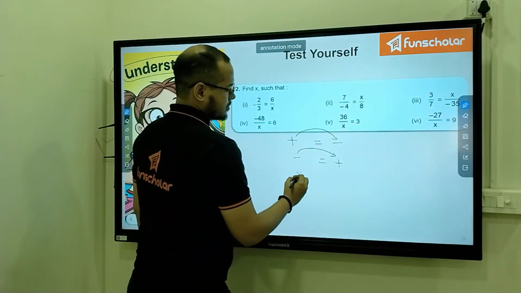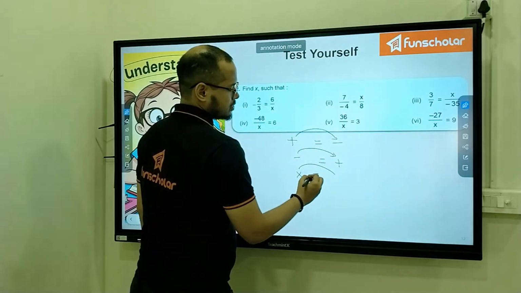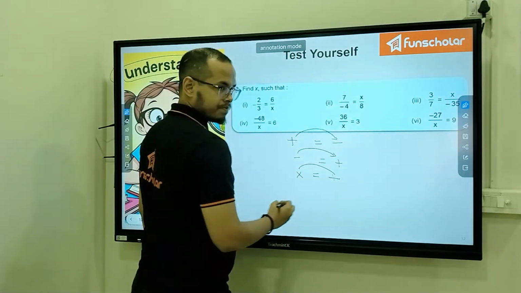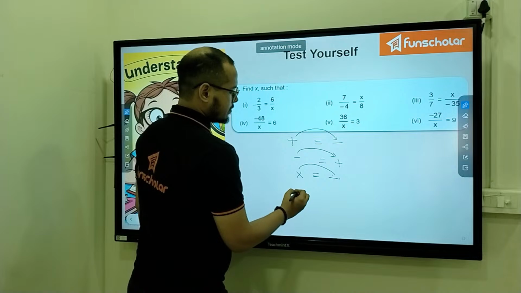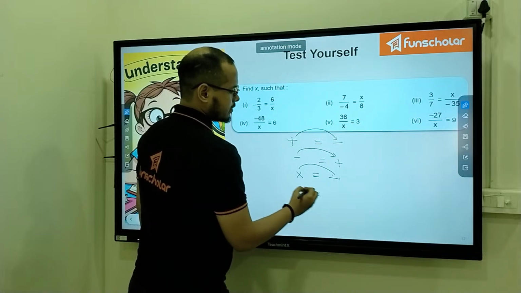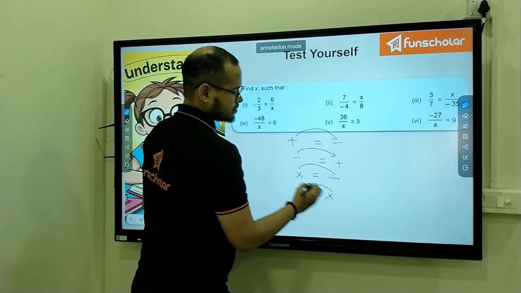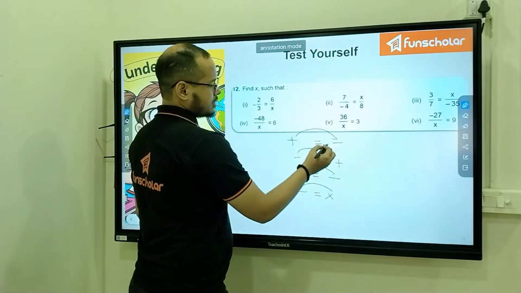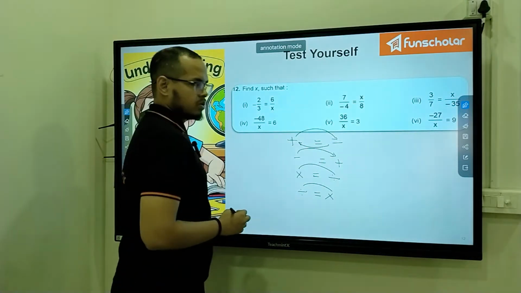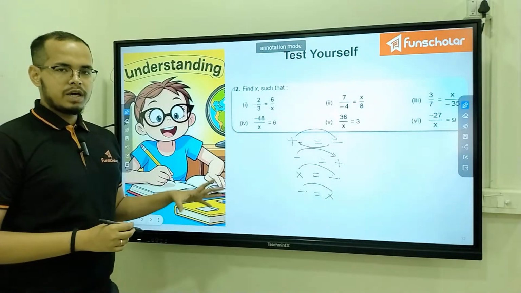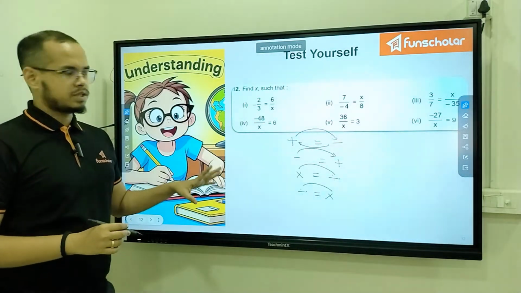A multiplication, if it goes to the opposite side of the equal to sign, becomes division. And a division, if it goes to the opposite side of equal to, becomes multiplication. So these are reversible. I think this is very easy for you to understand, or you already covered this.